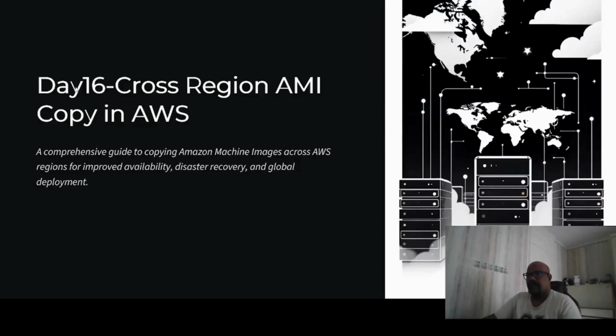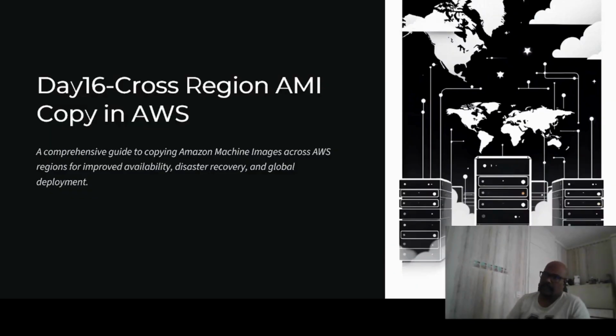Today's class is about day 6, cross-region AMI copy in AWS. In this discussion, let me explain how to copy the AMI image from one region to another region. In the previous class, I only made an AMI image from the instance and launched it in the same region.